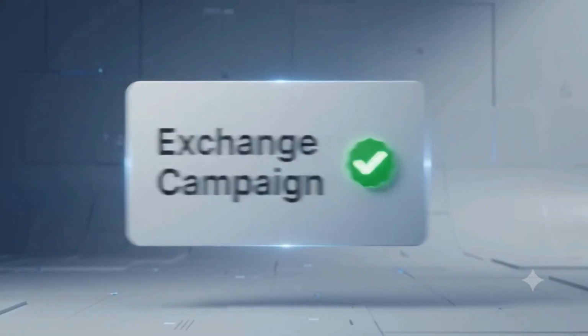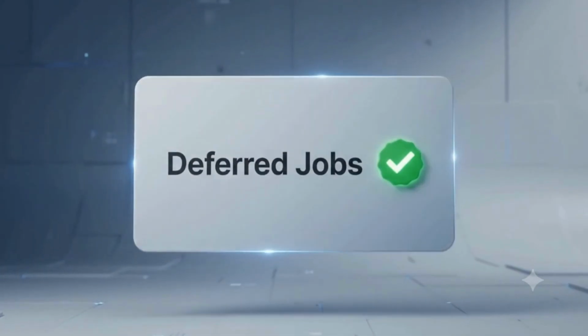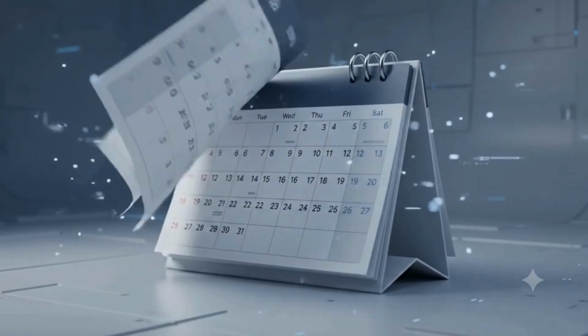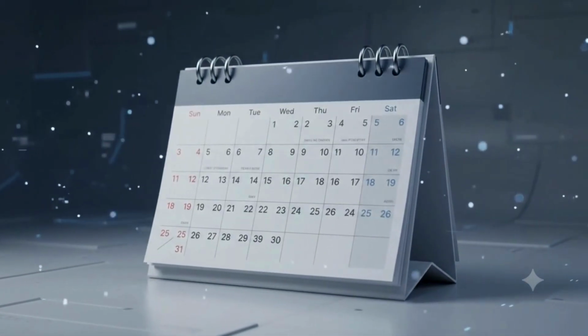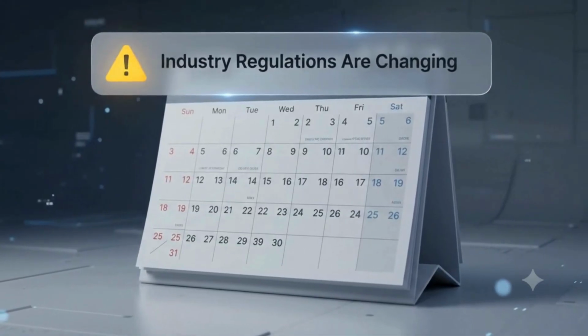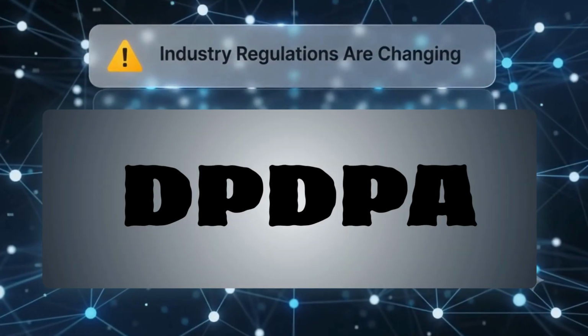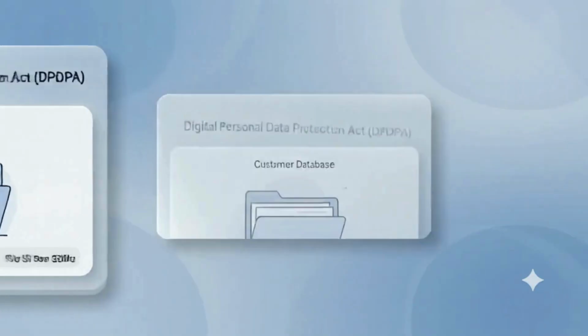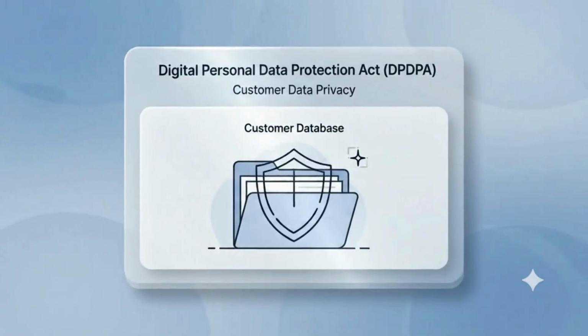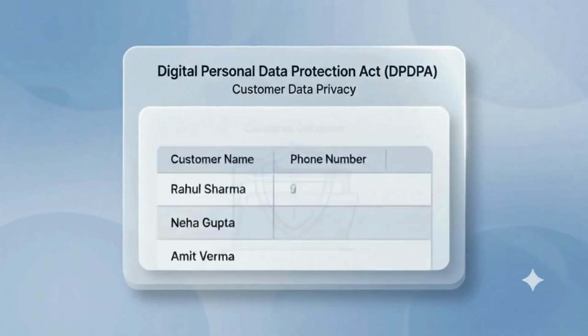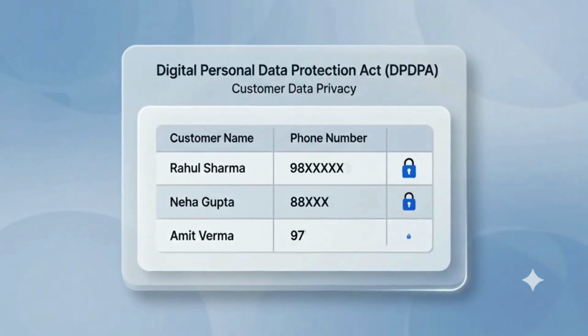Now, whether it's sales chasing an exchange list or service chasing paid service and deferred job revenue, there's a bigger problem heading towards all of you. The Digital Personal Data Protection Act, DPDPA, is changing how you're allowed to use your customer data.